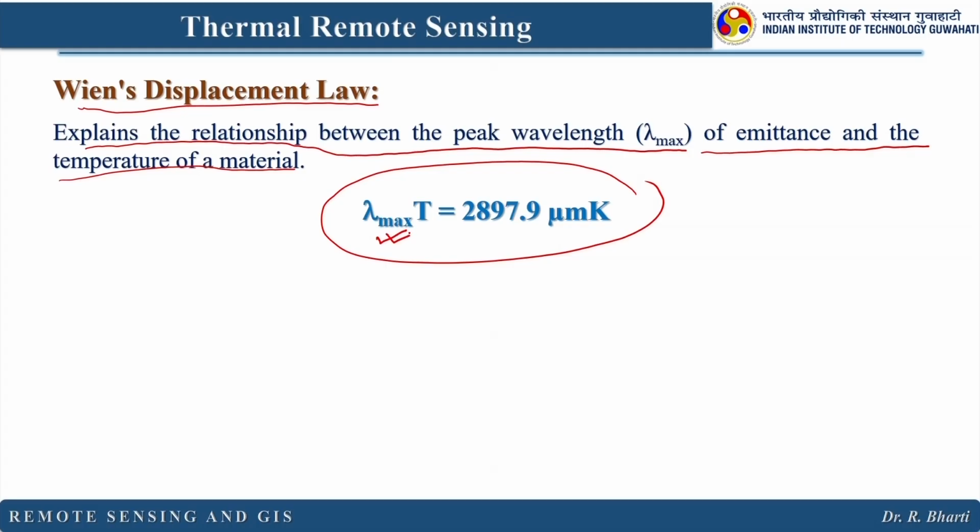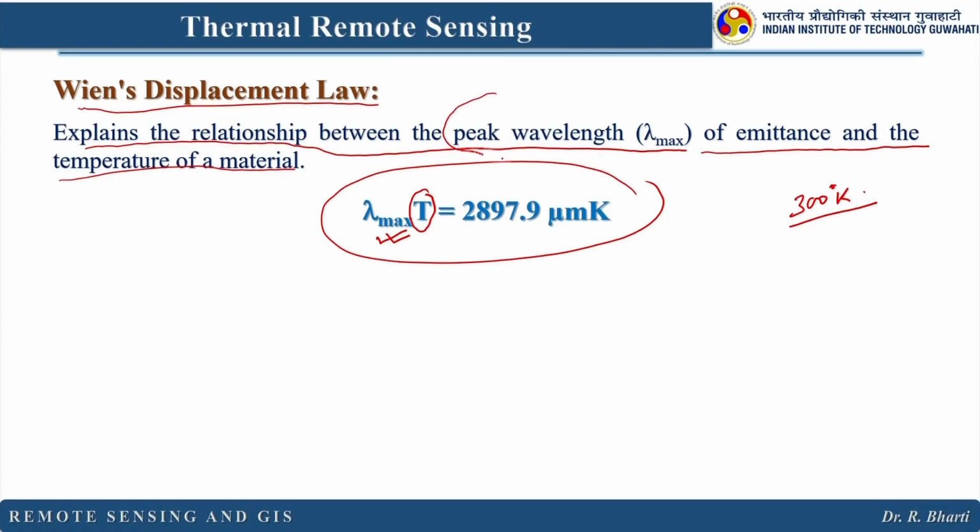Suppose we don't know the lambda max of any material, but we know the temperature, we can measure it using a thermometer. Suppose we have 300 degree Kelvin for any given material, we can find out what will be the lambda max of that particular material. So if we know the temperature, we can easily find out the lambda max. The peak wavelength of emittance is very important, right.